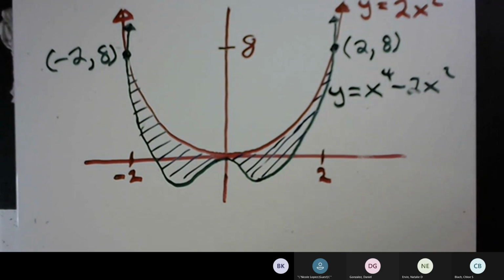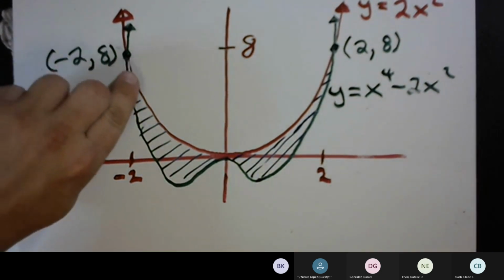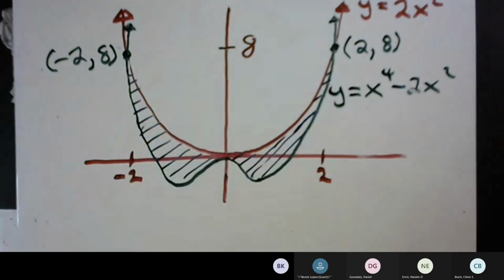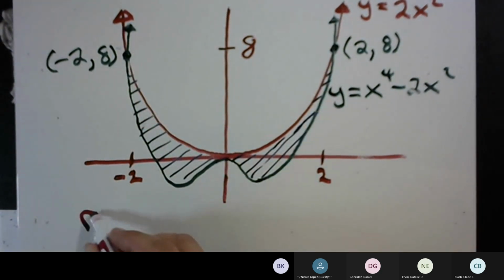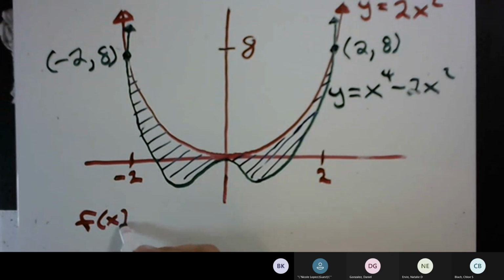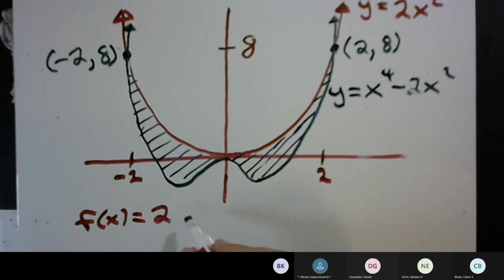So when we graph these functions, this is what we're going to get, and this is what we're going to find out. The top function, the f of x, well, that's going to be the 2x squared.